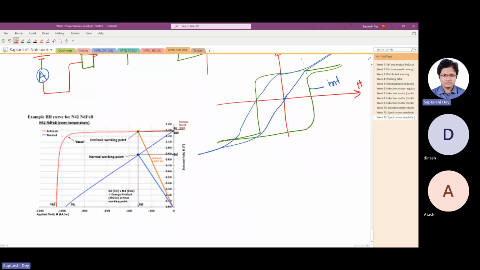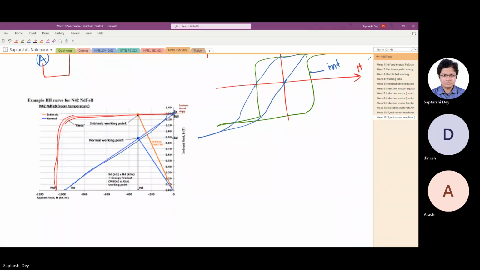So this red curve that you see here is the internal or intrinsic characteristic. And the blue one is the extrinsic or the normal characteristic that we get outside the magnet. Right? Now all the calculations, all the design of magnets that we will do are in terms of the external characteristic, not the internal. Okay.